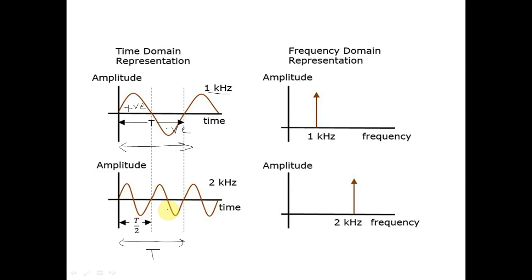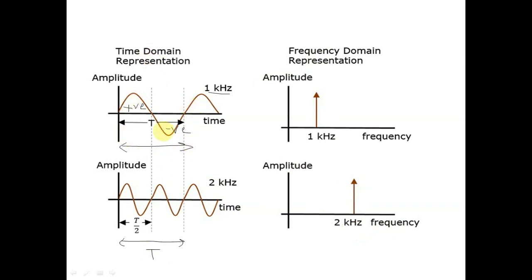That is, this is the first cycle and this one is the second cycle. 2 cycles are completed in 1 second. So it has a frequency of 2 kilohertz, and in frequency domain representation we write 2 kilohertz. This is the time domain representation and this one is the frequency domain representation of the signal.